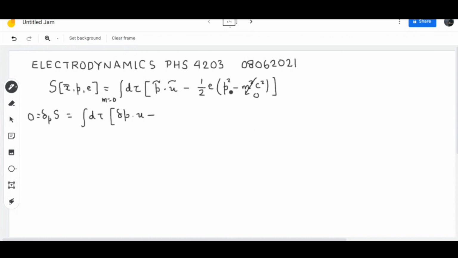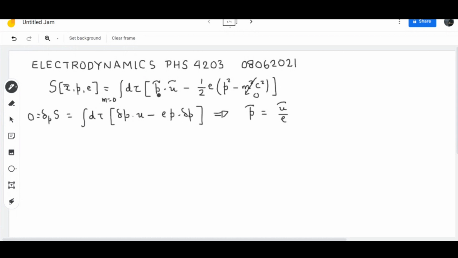Minus the half cancels because there's a p squared, and it's p dot delta p. So this implies that p is u by E. Straightforward, right? This is equal to 0, and therefore p is u by E.